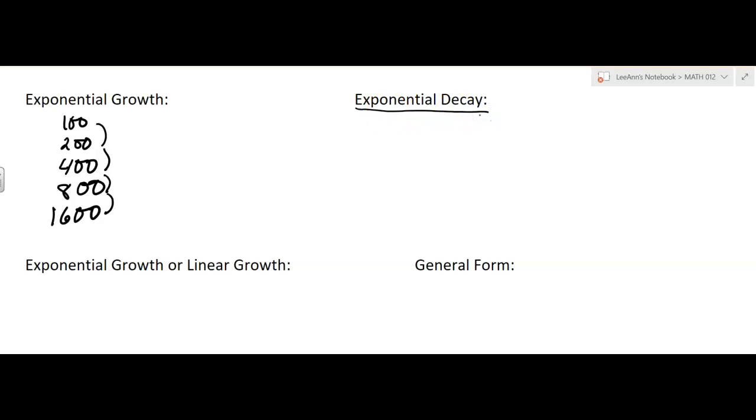Let me go back to growth for a minute. Exponential growth, we see that sometimes in population growths, where the population is increasing. Inflation, unfortunately, that's usually an exponential growth model. Compound interest.